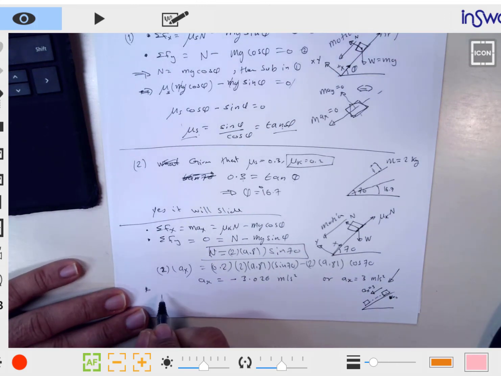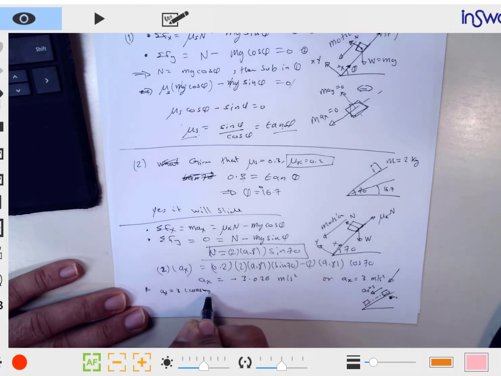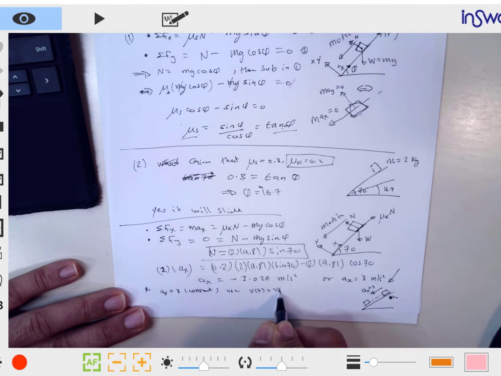So with a x equal to 3 and this is constant, use V at any time equal V initial, which means V at time equal to 0, plus the acceleration, which is constant, multiplied by the time elapsed, right?